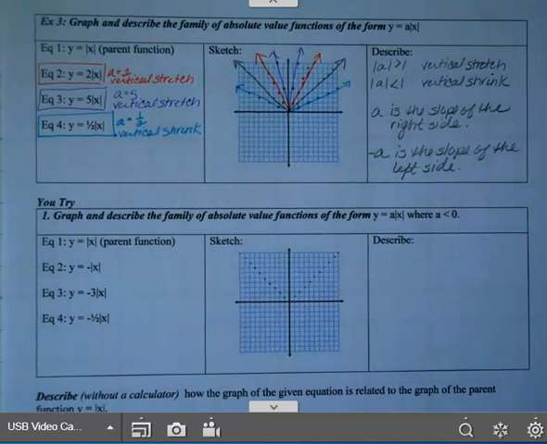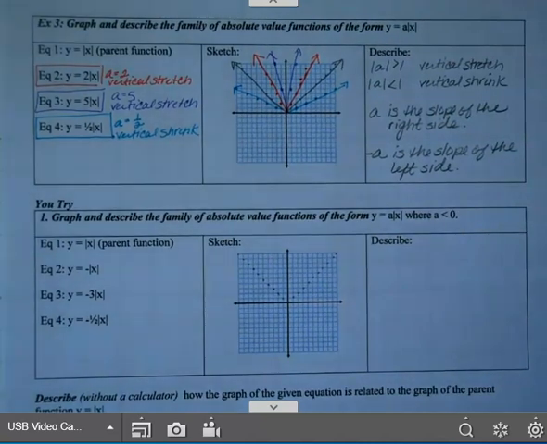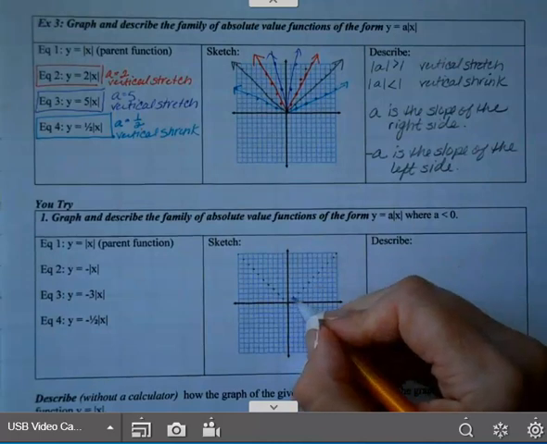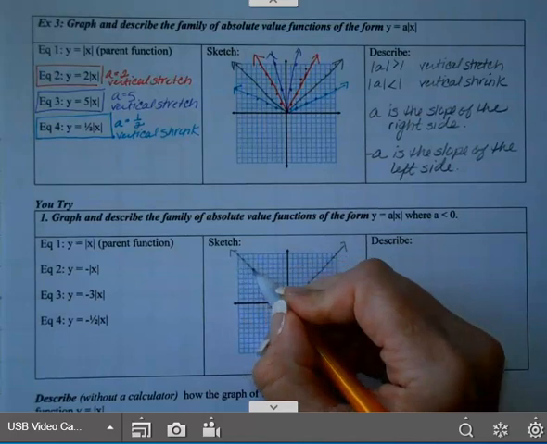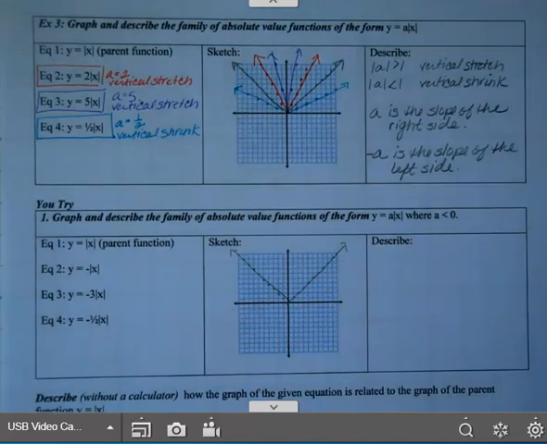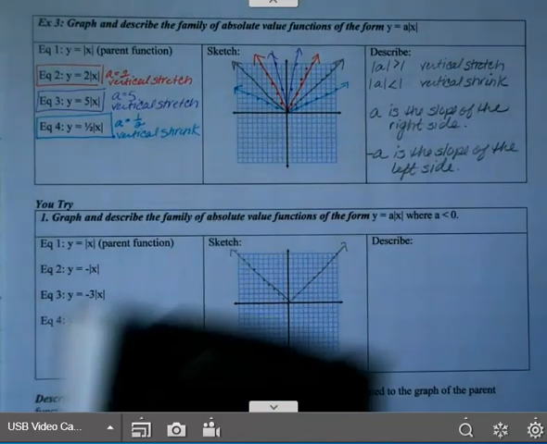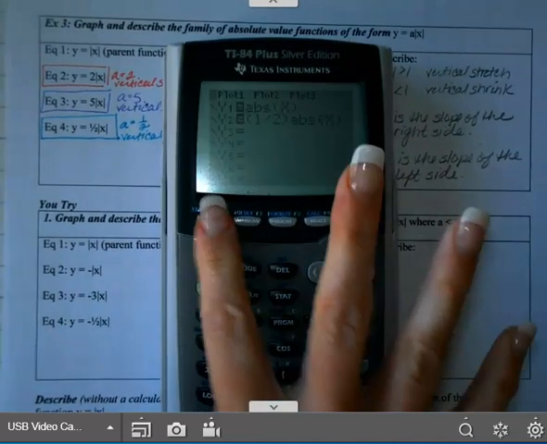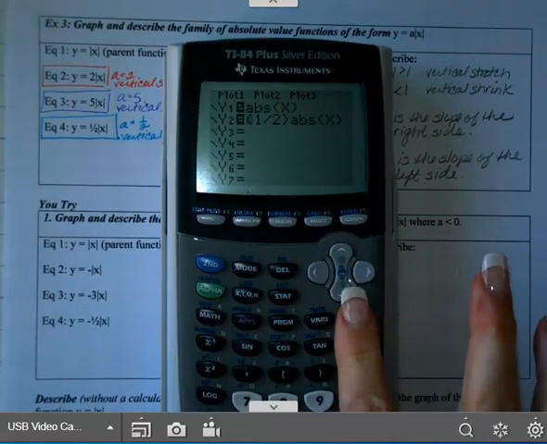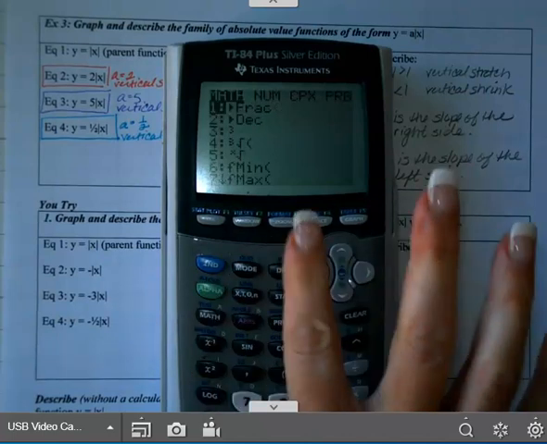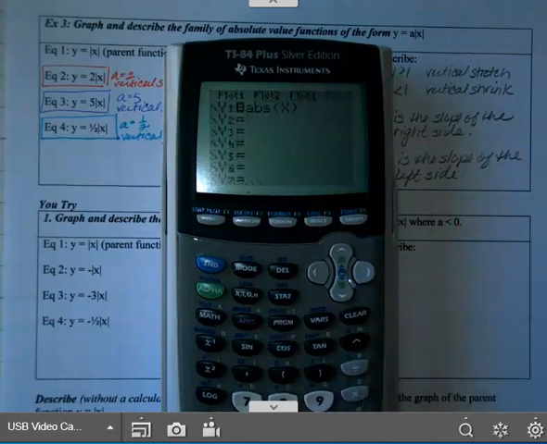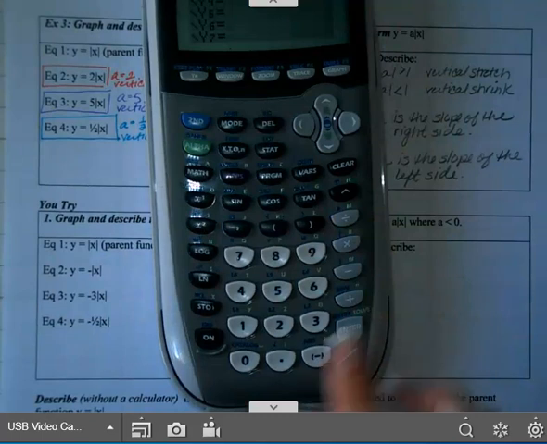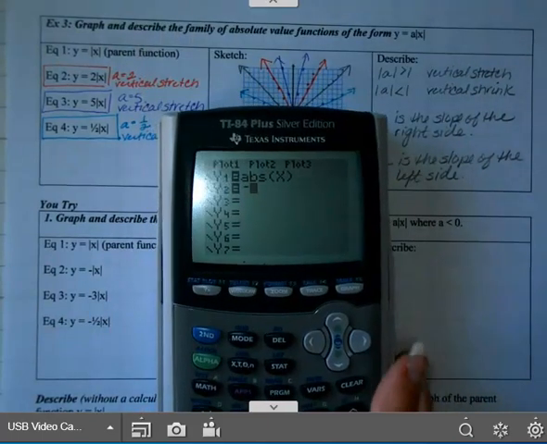Let's look at what happens when we put a negative now in front. I'm going to go ahead and graph the parent function on the diagonal. And let's put a negative now there. Oops. So I need to put the negative. And we're using the negative key down here now. If you want to put a 1 there, you can. I'm just going to put the negative.